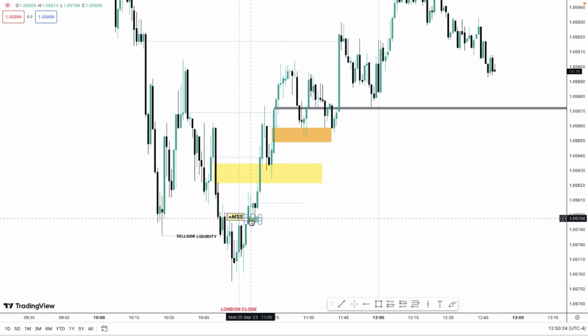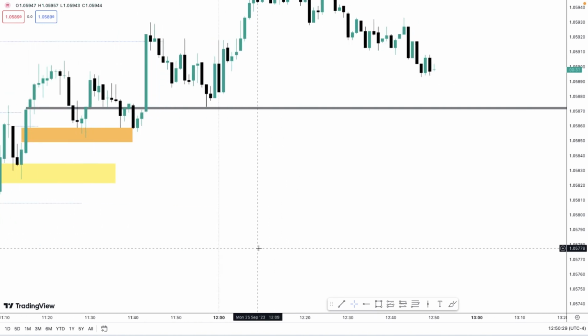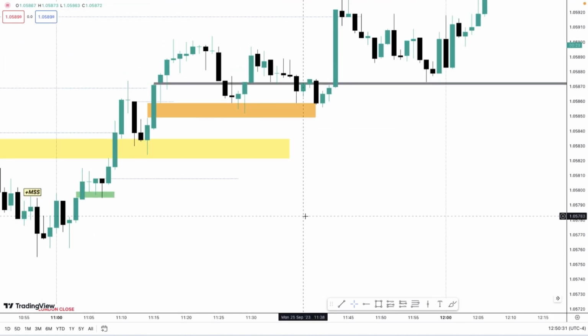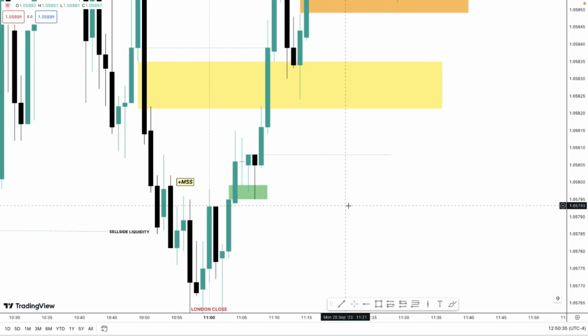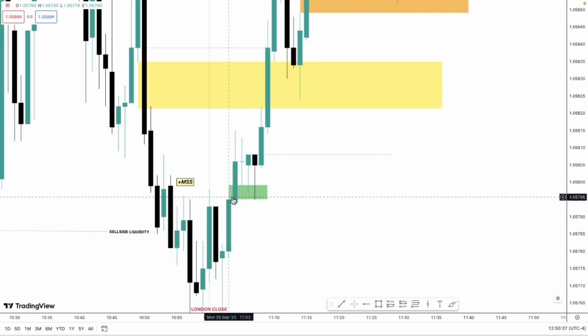Fair value gap, let me try to zoom in. So we have a fair value gap here, denoted by the green candle. So that's a fair value gap. We see price trading to the fair value gap. Right there, you can buy that.